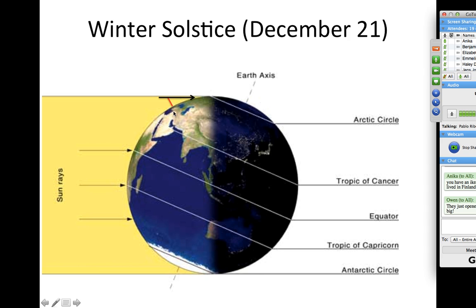So if you have the stick in the same place on the winter solstice, your shadow is going to be a lot longer than before, and that angle is going to be 23.5 degrees bigger than if it were at the equinox.